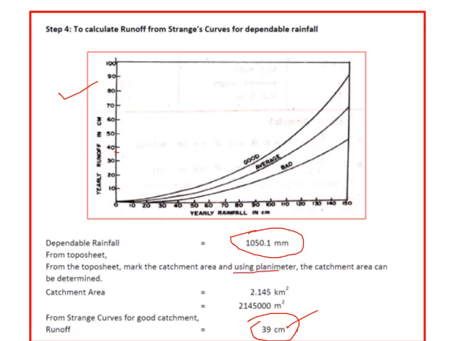For example, for this we have measured from the topo sheet and got 2.145 kilometers square, which comes to so much meter square. So use this data for the calculation, not the area that you got from the capacity contours. That is what you have to follow to get the catchment area.